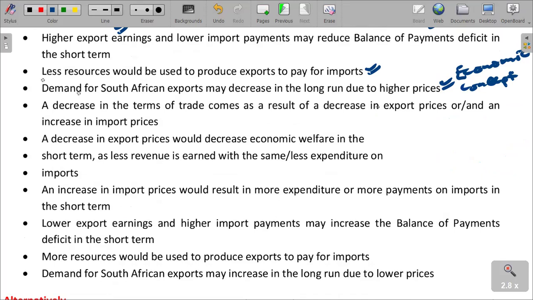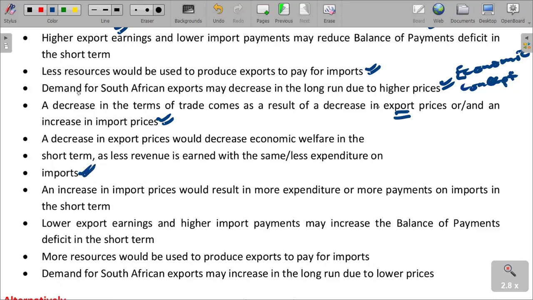So a decrease in terms of trade comes as a result of a decrease in export prices and or an increase in import prices. So class, this is a basic demand mechanism being explained in this regard. A decrease in export prices would decrease economic welfare in the short term, and less revenue is earned with the same expenditure on imports.